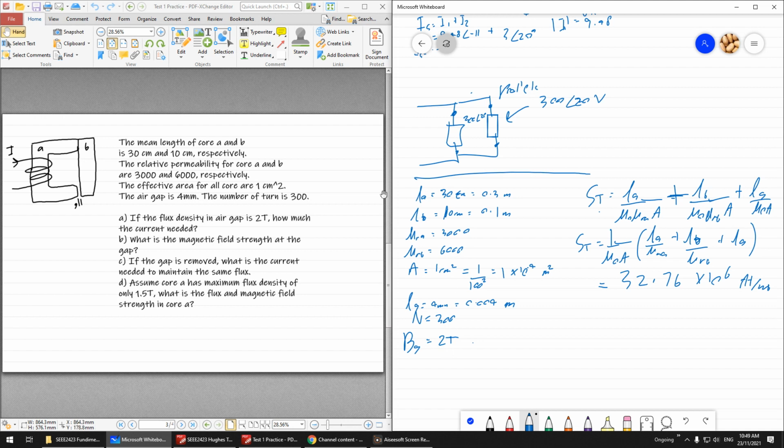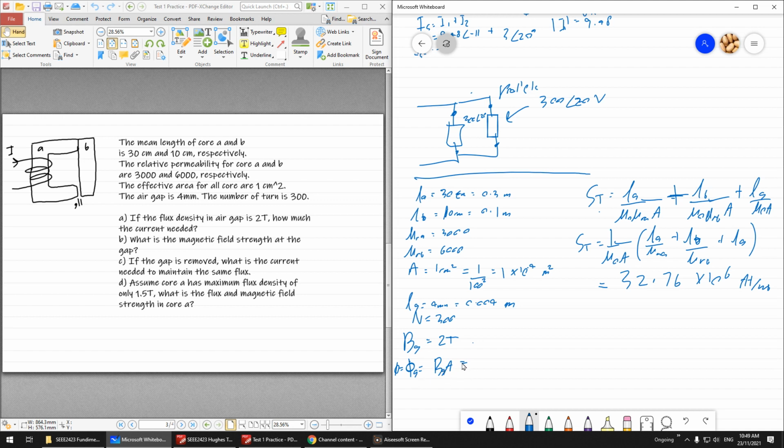Because this is in series and there is no flux leakage, it means that the flux is equal to B_A A equals B_G A. Flux at the gap or flux for all is the same because this is in series; the flux is not divided.